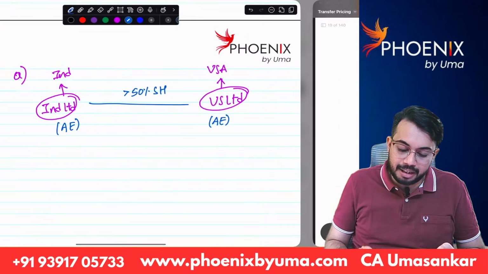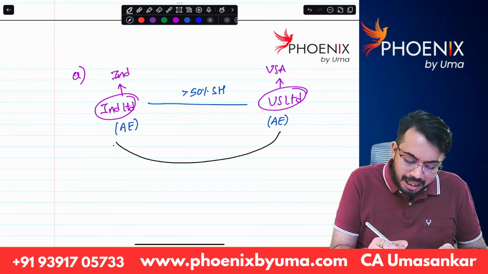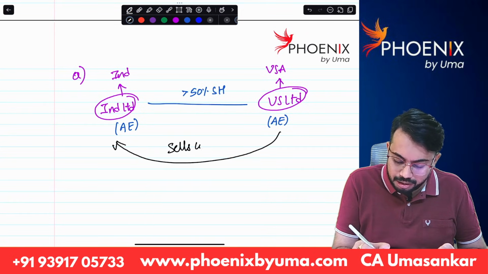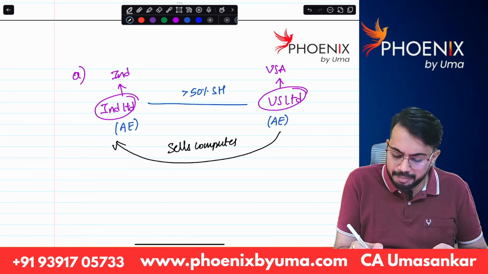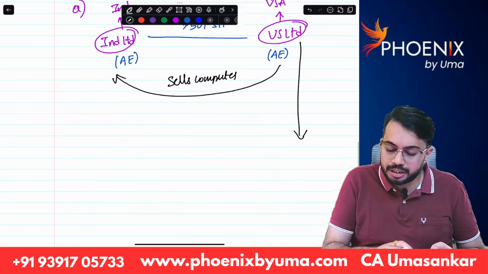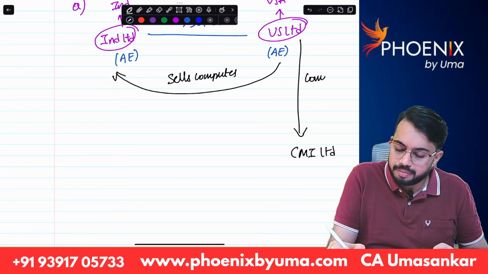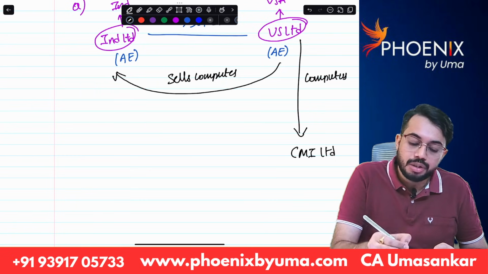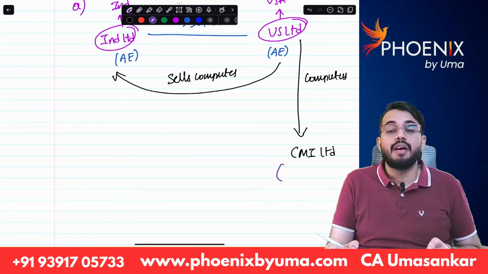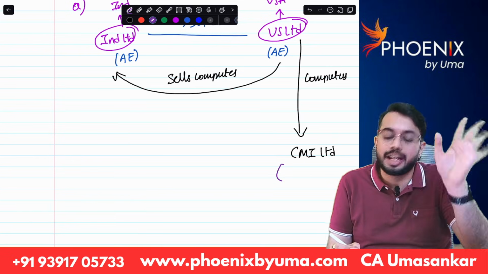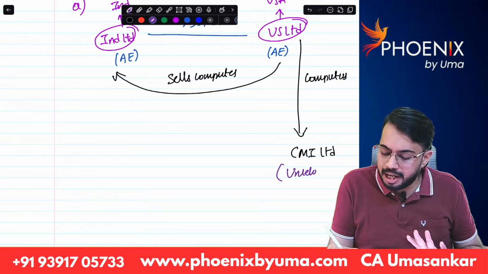So what's happening? US Limited sells computers to IND Limited and it also sells computers to CMI Limited. CMI Limited is not an associated enterprise, it is an unrelated party.